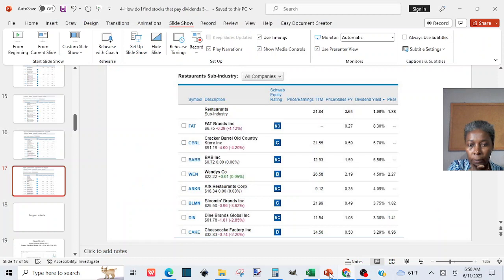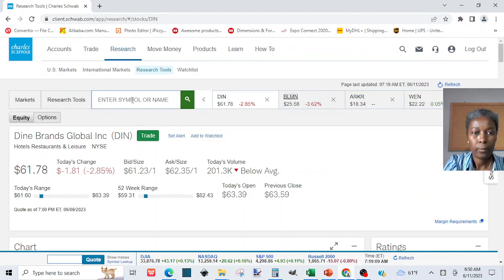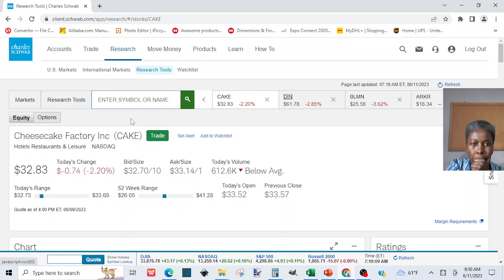The next one is Cheesecake Factory Inc., CAKE. It's selling on NASDAQ. It passed that requirement. Therefore, you move to the next. You record the 52 weeks low and the 52 weeks high.